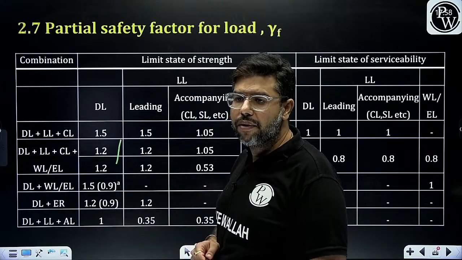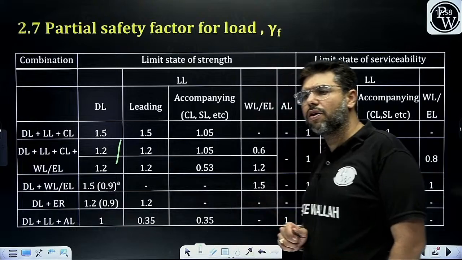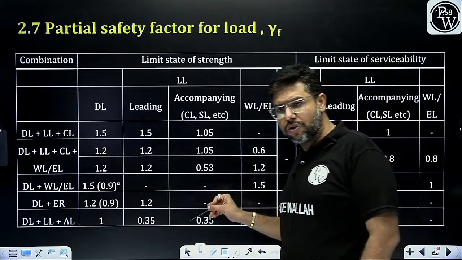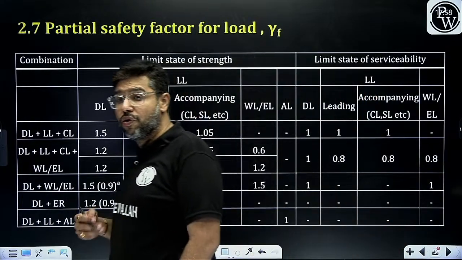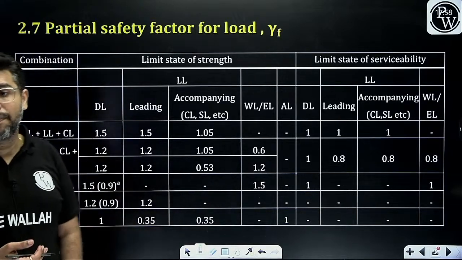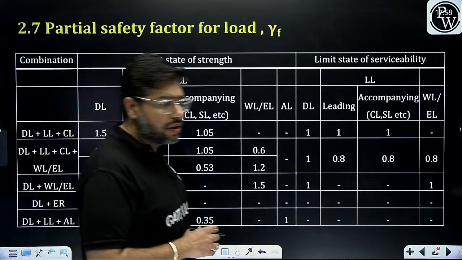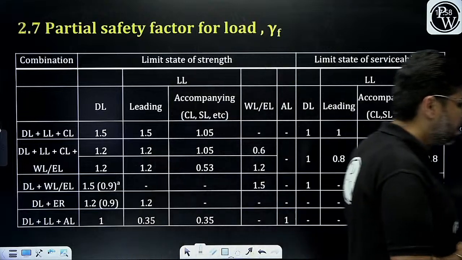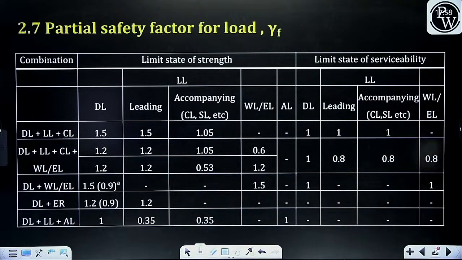You understand this now? Shall I proceed further? So you will take all the combinations, and for which combination will you design? The worst of all, that is the combination which will yield the maximum load. This table you have seen in RCC as well. Have you seen it or not? Please let me know, then I will proceed further. Very simple table. Tell me fast, have you seen this table or not?